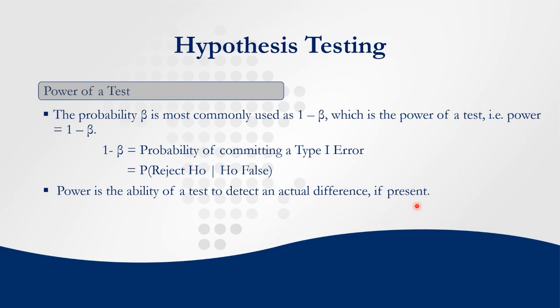When we say by chance, it means that it doesn't represent the population. It just so happened that we selected a sample that is giving this outcome, but it is by chance.